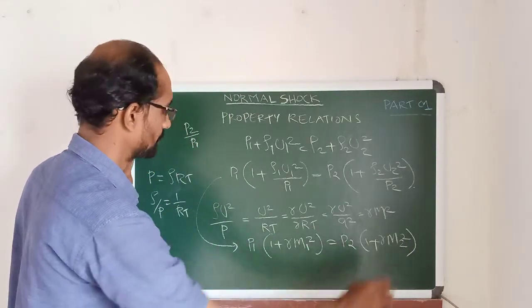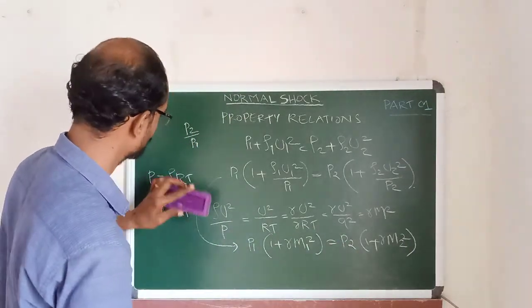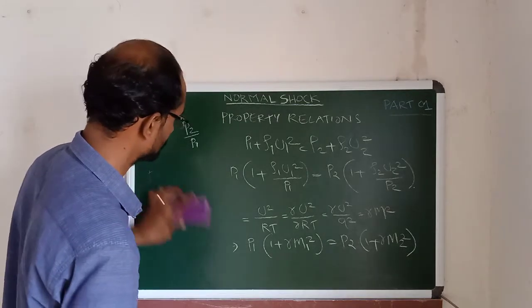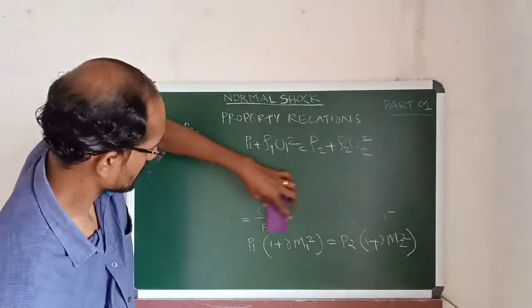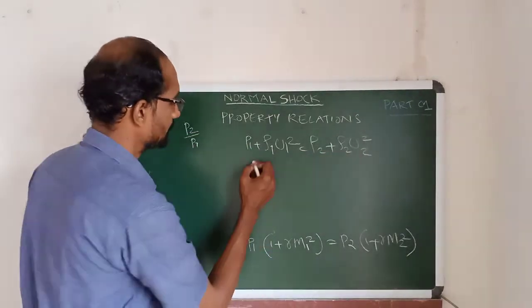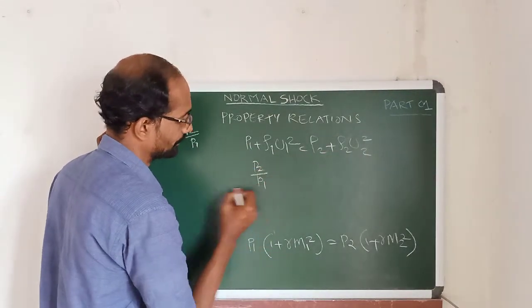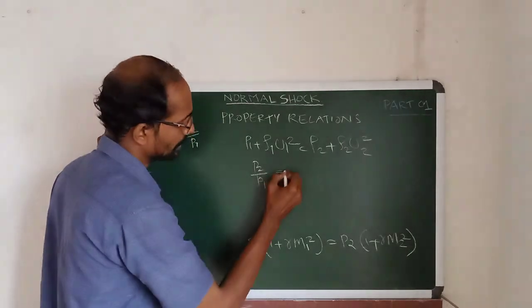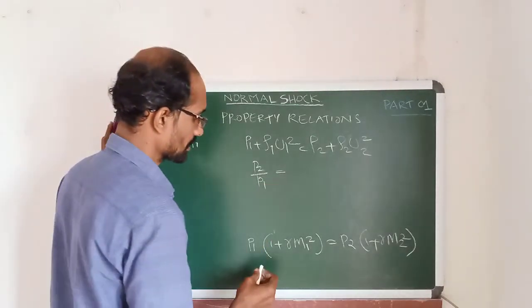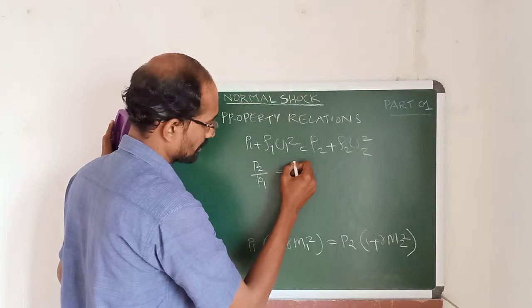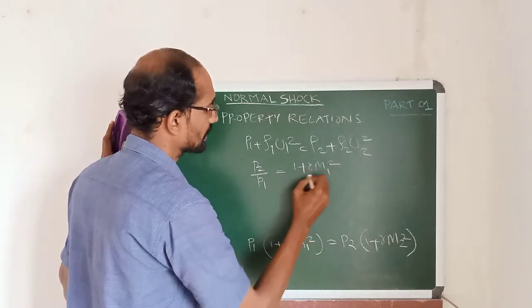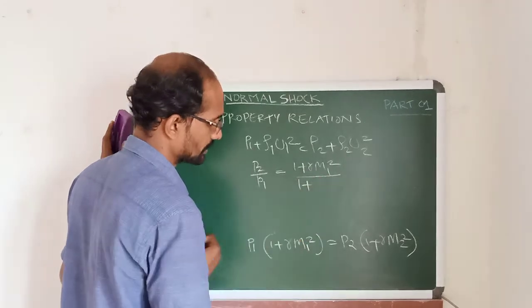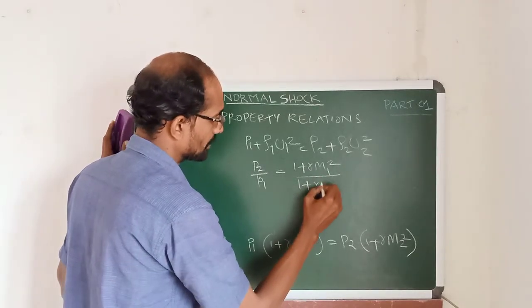So we can simply manipulate this equation, and finally I can write P2 by P1 equal to 1 plus gamma M1 square divided by 1 plus gamma M2 square.